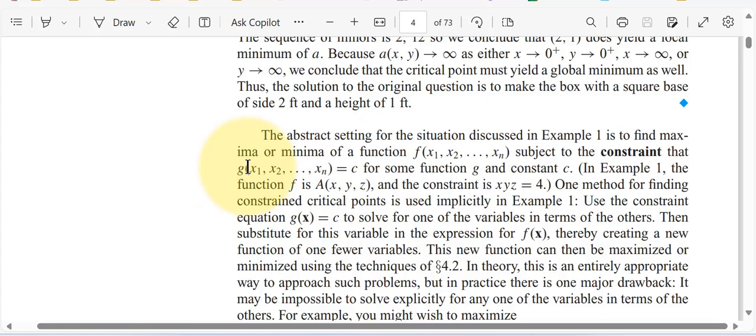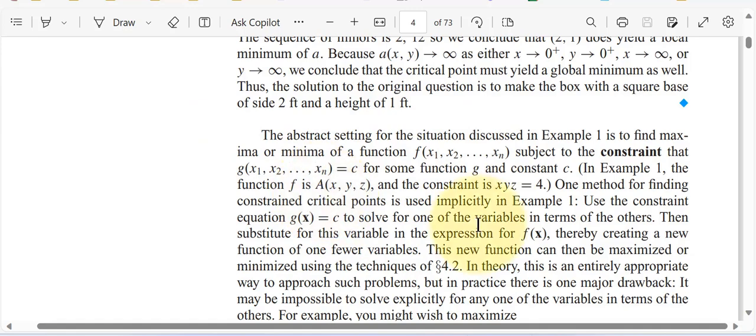Now, just to clarify what we've said earlier, this general function is given in terms of x1, x2, x3. So the input looks like that, and we can write that as a vector, and that's what they do here. So we have g of x equals c. It's supposed to mean the same thing as this. And we have f of x, the function that we're trying to find the minimum or the maximum of.